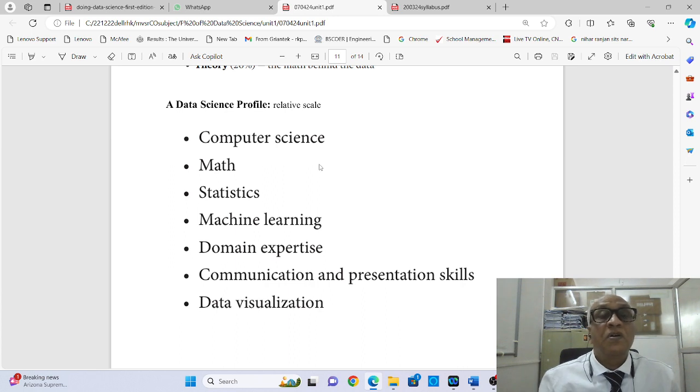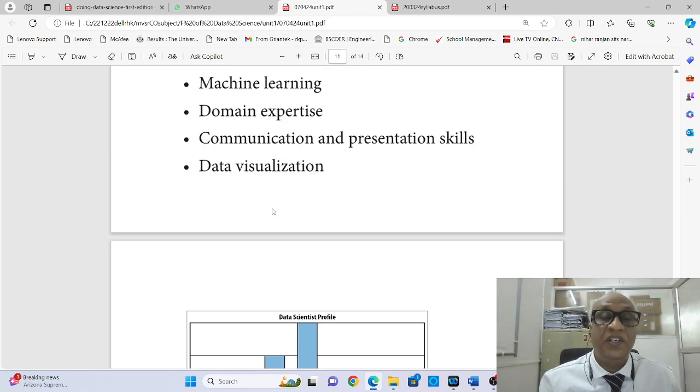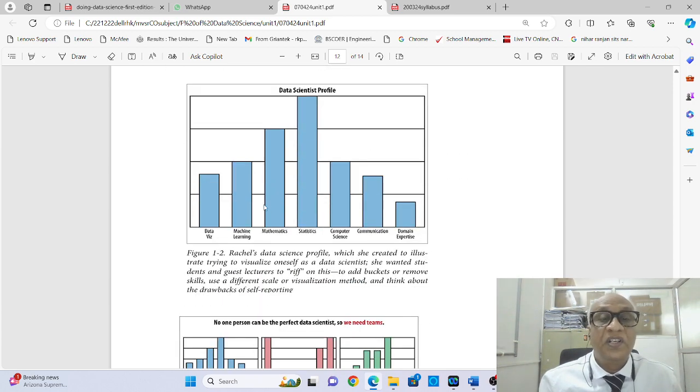So, what the author did was create index cards and ask people to give a relative scale in these domains of computer science, math, statistics, machine learning, domain expertise, communication and presentation skills, and data visualization. So, this is the data science profile.